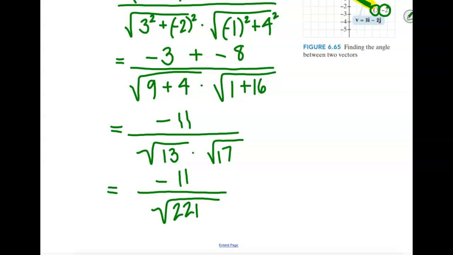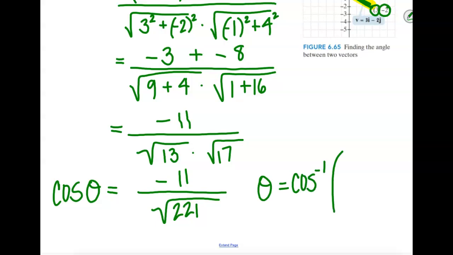Now what we have to do next is use inverse trig, because this is saying the cosine of angle theta equals that fraction. So now we need to use our calculator. You say theta equals the cosine inverse of that fraction, and you're going to type that into your calculator.